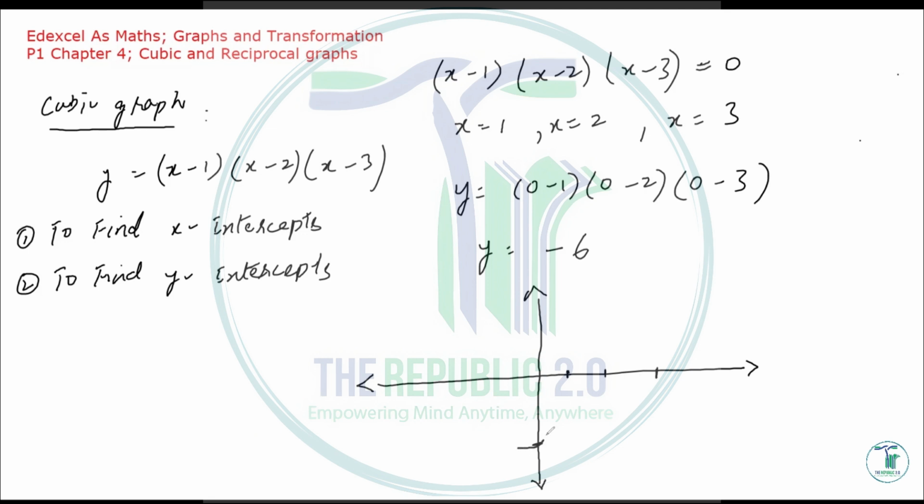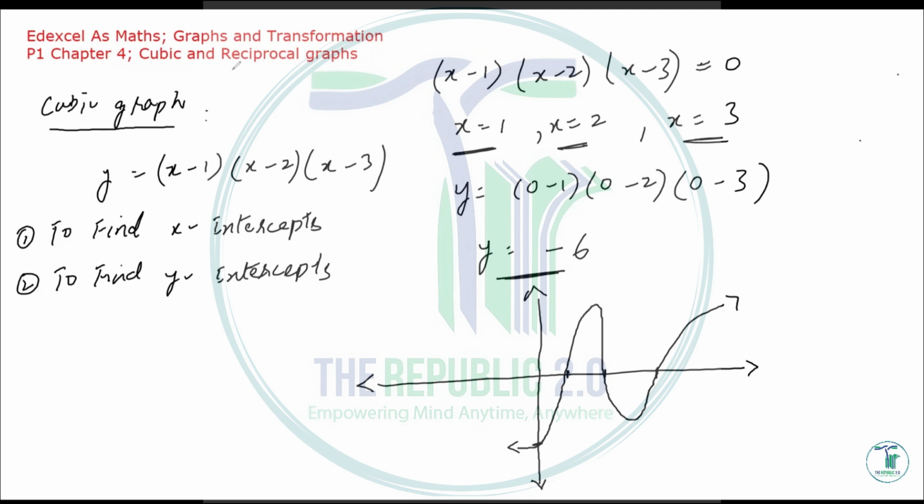The graph should be in the shape of a curve, and it might look like this. It can have different shapes, but you need to make sure that the graph passes through all of these x-intercepts and this y-intercept. That is how we can plot any sort of cubic graph.